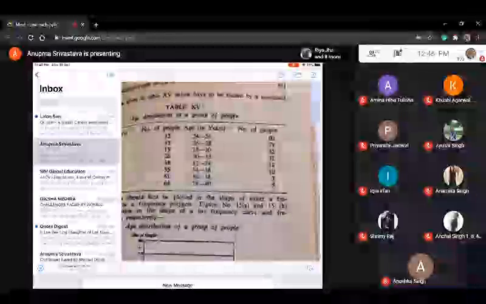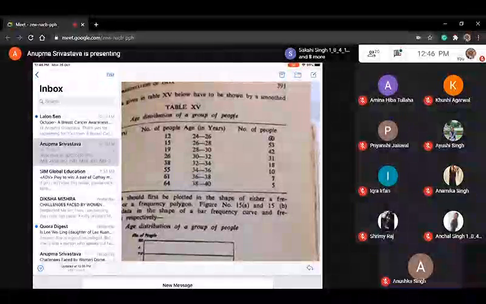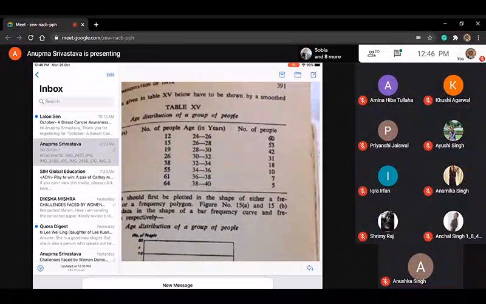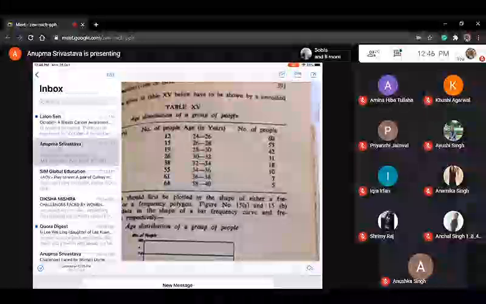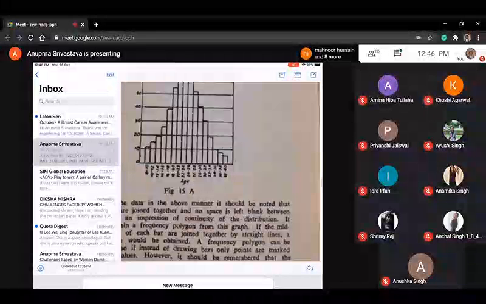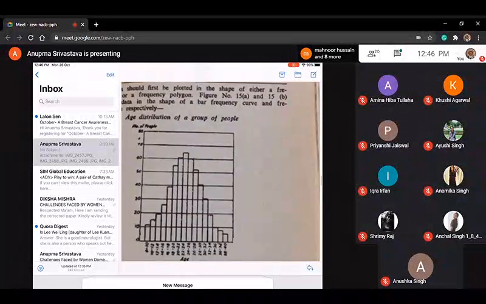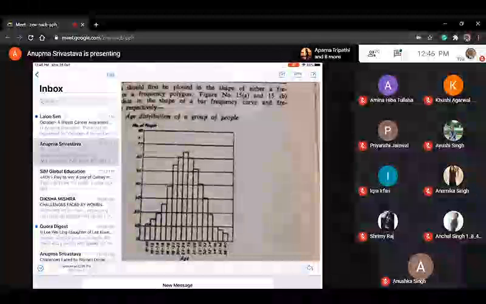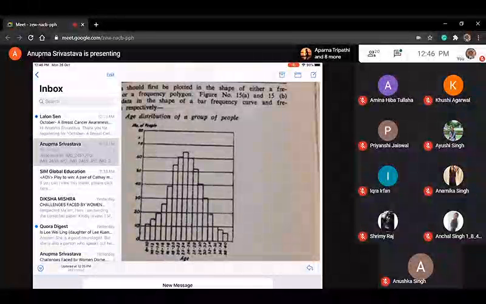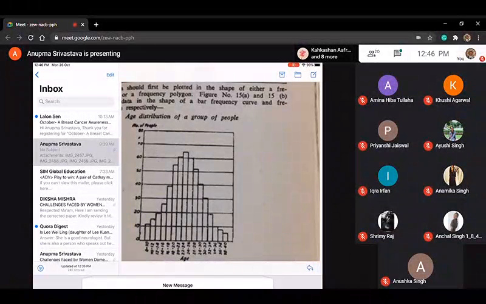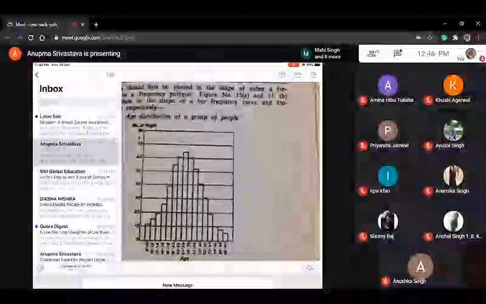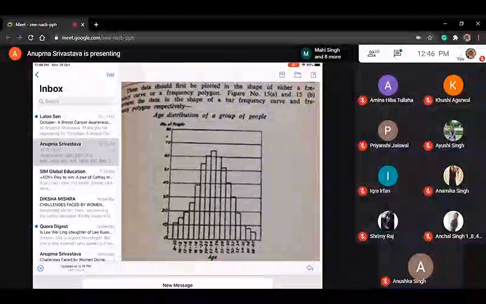Now this data can be plotted in the shape of either a frequency curve or a frequency polygon. See, this Figure 15A is the figure of the frequency curve. When you plot these points and join these points, you get the frequency curve. And similarly, this is showing the age distribution of a group of people.